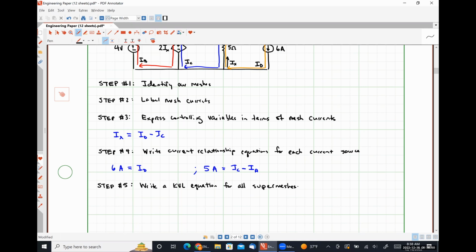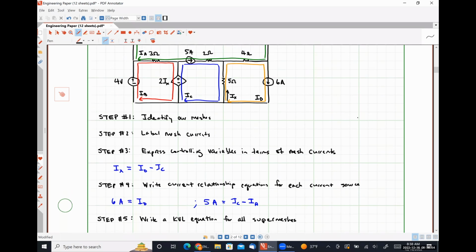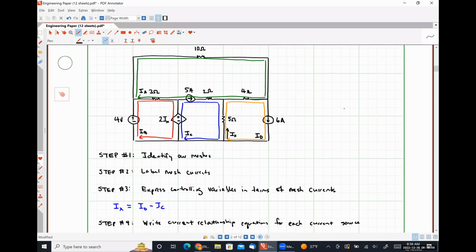That requires me to explain what a super mesh is. Not going to go into a great amount of detail here, but if we were trying to write a KVL equation around mesh A, we would run into a problem as soon as we try to express the voltage drop over our 5 amp current source in terms of our mesh currents, because it literally cannot be done.